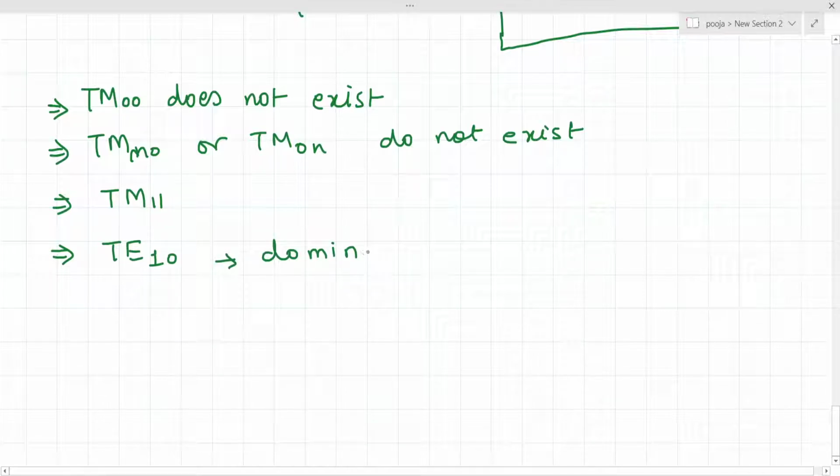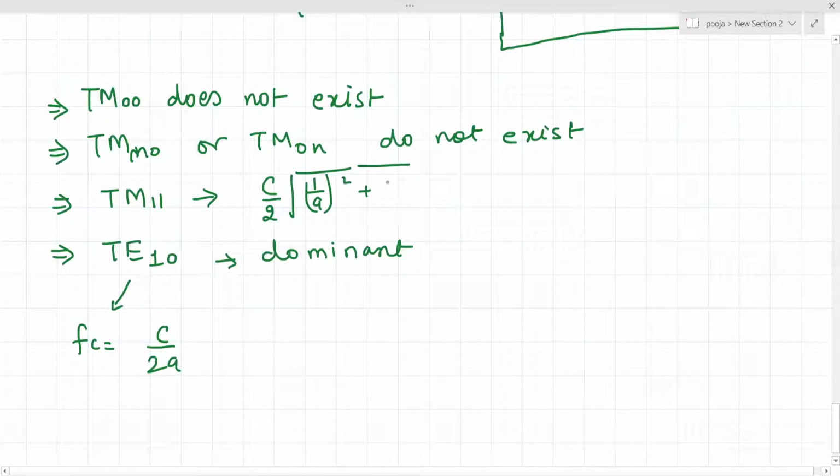What was the dominant mode? The mode for a waveguide which has the lowest cutoff frequency. Now see, for TE10 the cutoff frequency will be c by 2a, and for TM11 the frequency will be c by 2 root of 1 by a squared plus 1 by b squared. So the lowest cutoff frequency will be for TE10 mode.